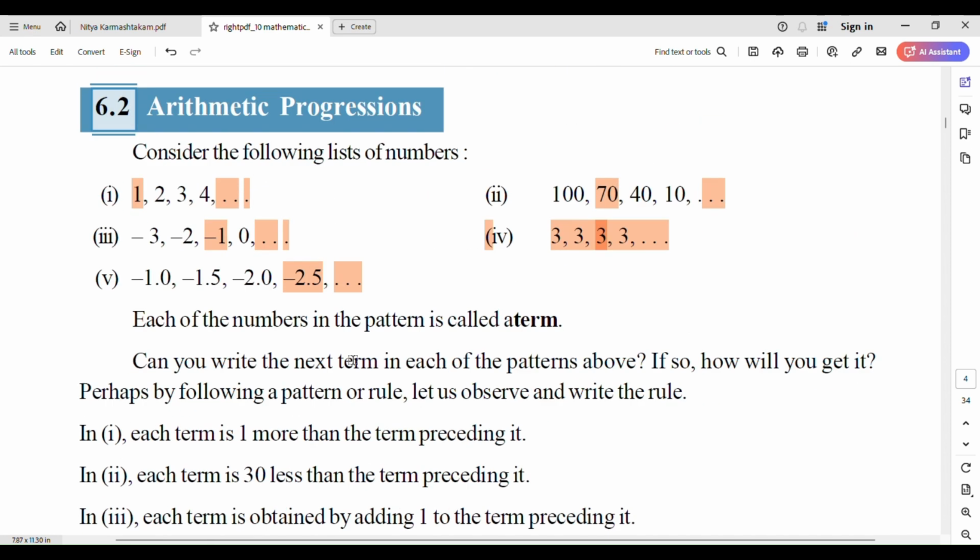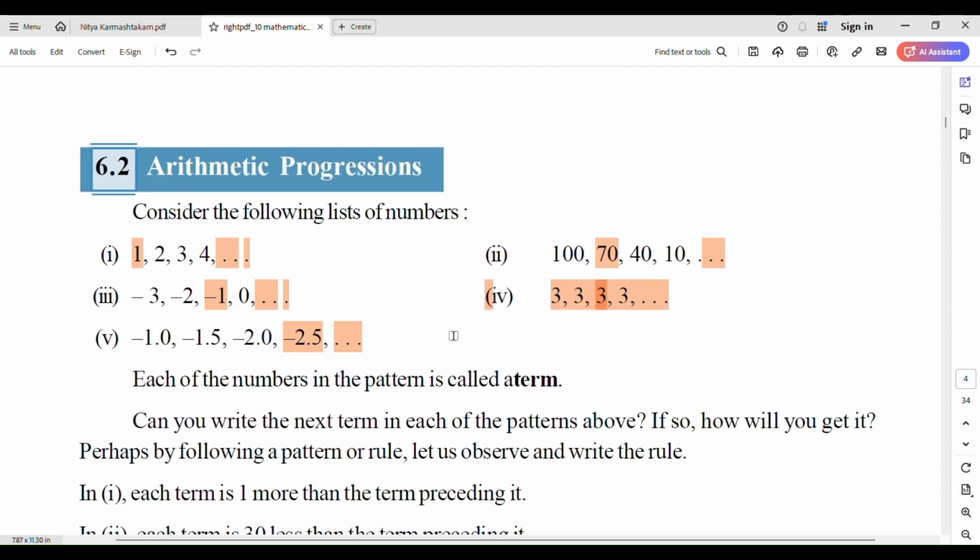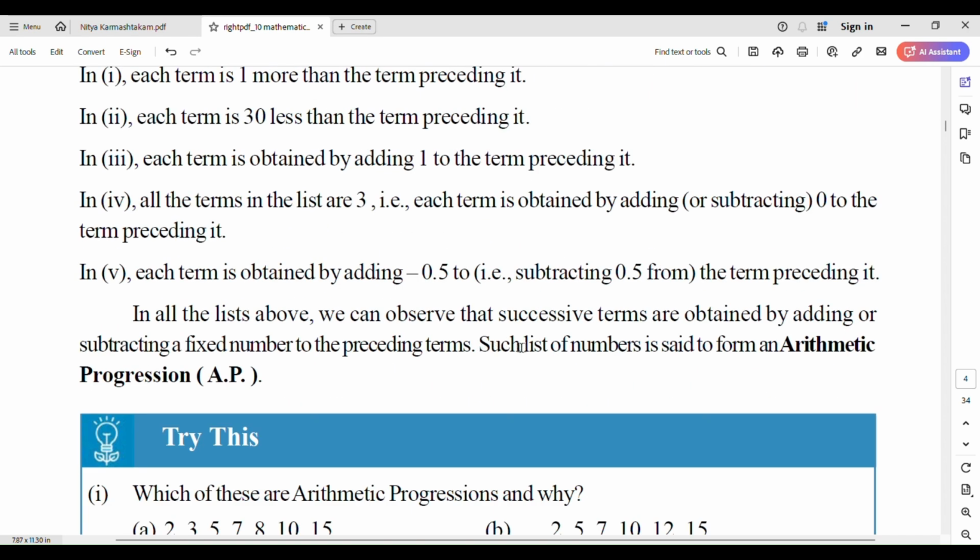All these lists of number series mentioned here are in arithmetic progression. This means we can observe that successive terms are obtained by adding or subtracting a fixed number from the preceding number. This is the key. If you can obtain the successive number by adding or subtracting a fixed number from the preceding number, then such numbers form an arithmetic progression.